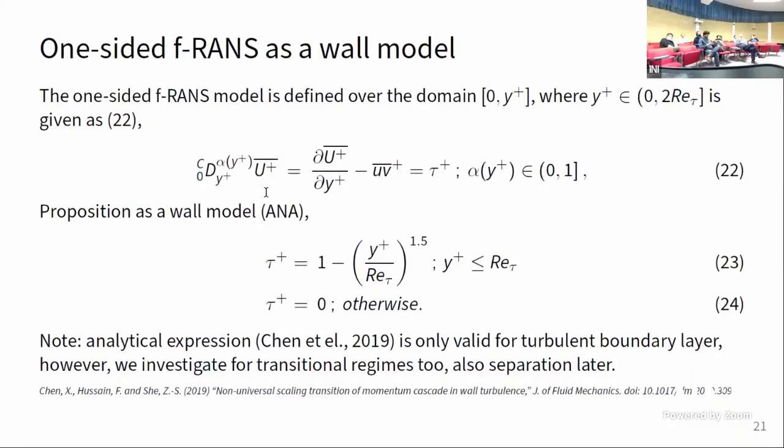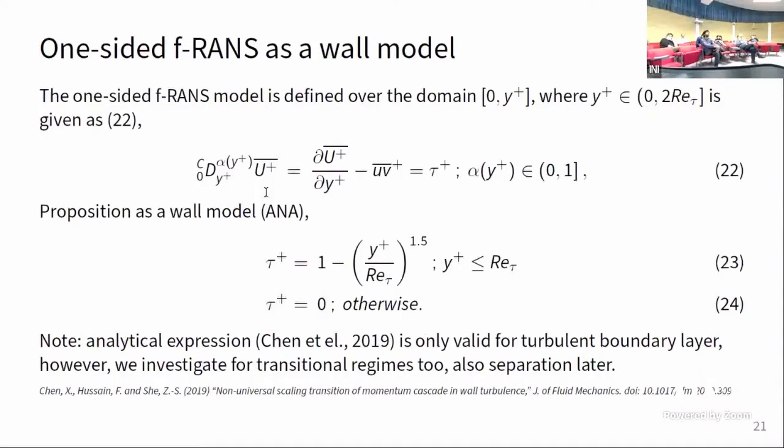And since we started with the turbulent boundary layer, we found that within the literature, in the cited paper, there is an analytical expression for the total shear stress of a turbulent boundary layer. So we coupled them together and then computed all the fractional orders.